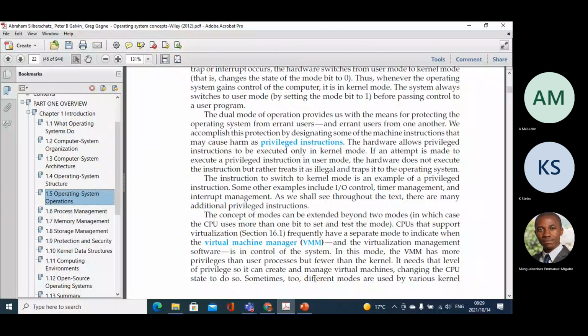Okay, so now the other thing is, a CPU might be supporting what we call a virtual machine manager or virtualization, basically meaning it's doing processing for remote computers or computer systems. To distinguish between its local processing and its virtual processing tasks, it would have an extra bit.